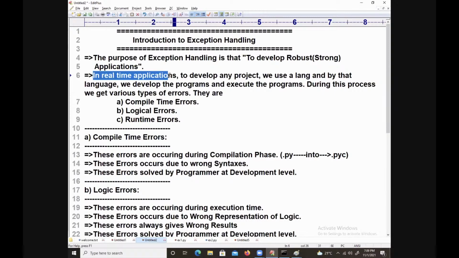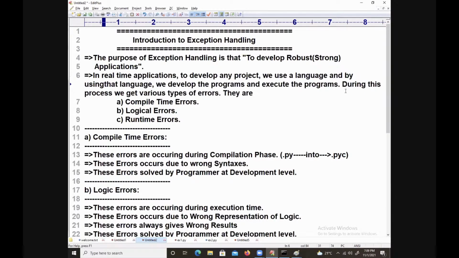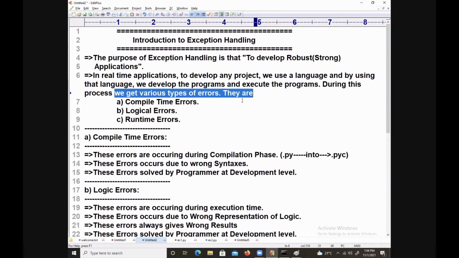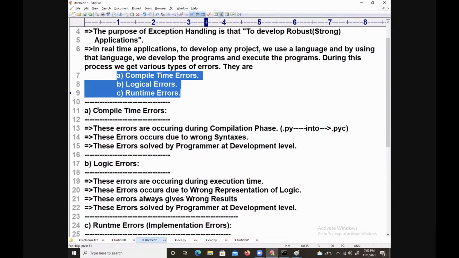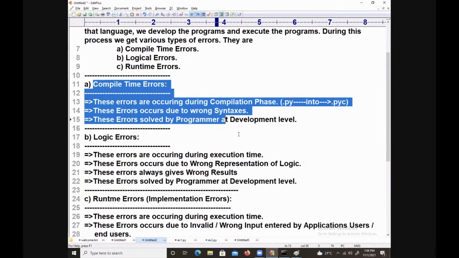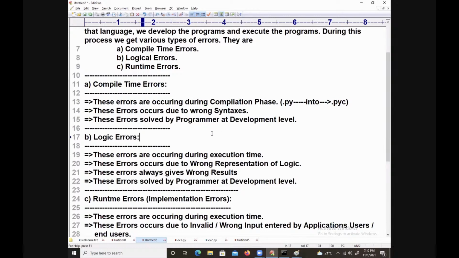Once again, in real-time applications, to develop any project, we use a language, and by using that language we develop programs and execute them. During this process, we get various types of errors: compile time, logical, runtime. Compile time errors you solve yourself.